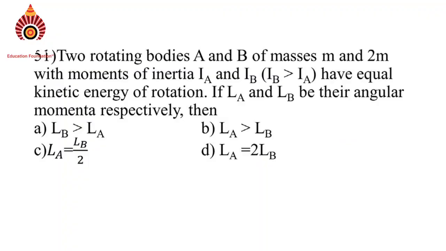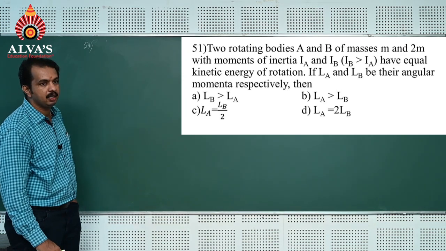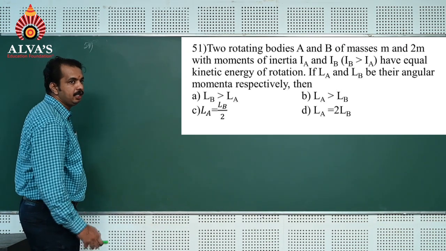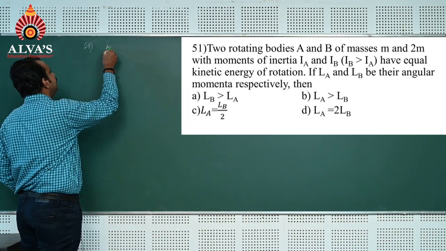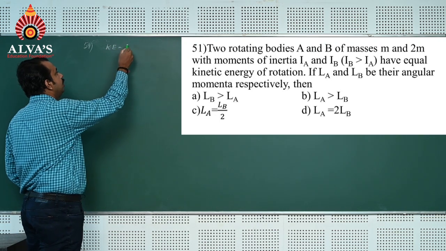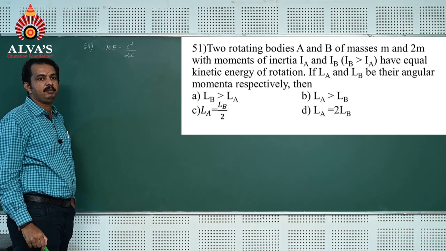Question number 51. Two rotating bodies A and B of masses m and 2m with moment of inertia IA and IB, IB is greater than IA, have equal kinetic energy of rotation. If LA and LB are their angular momentum respectively, then which of the following options is correct is the question here. We can write kinetic energy is equal to L square divided by 2I.